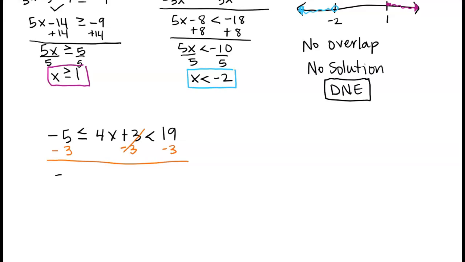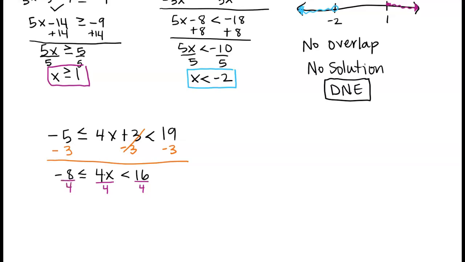So let's see what we're left with. We've got -8 is less than or equal to 4x, so we still have 4x in the middle, is less than 16. 19 minus 3 gives us the 16. We're still trying to get x by itself in the middle, and it's connected by multiplication, so I can undo that by dividing all 3 parts by 4.